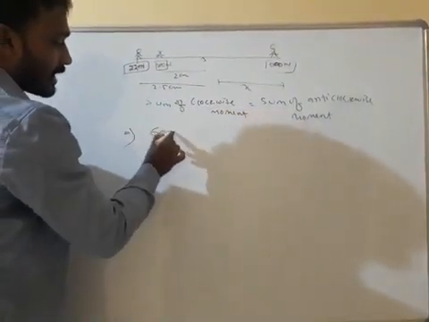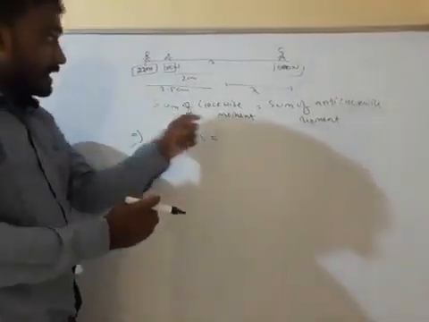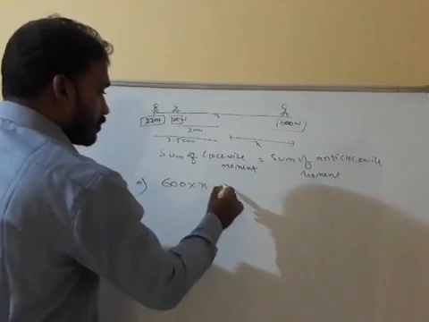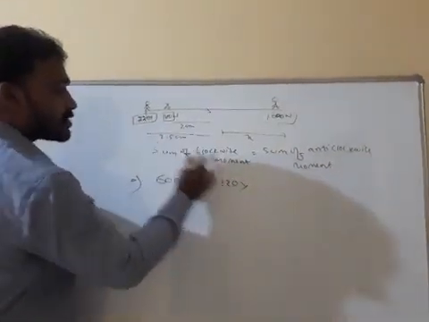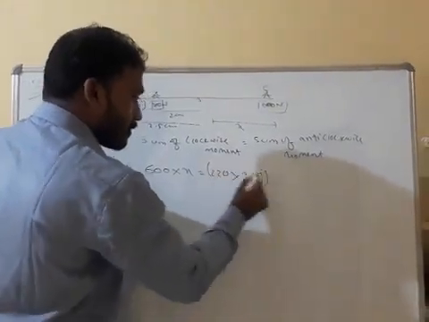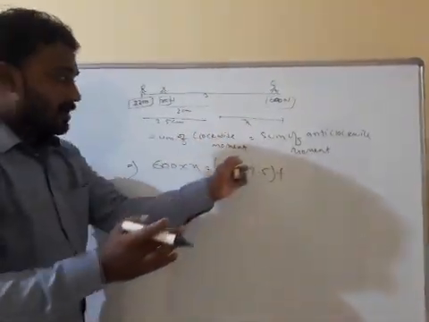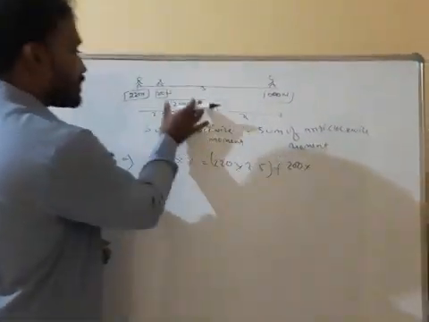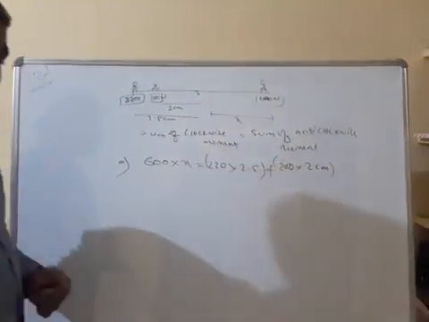So 600 into x is equal to sum of anti-clockwise movement. Anti-clockwise movement is what? 220, force and distance 2.5, plus another person also. The force is 200 into distance 2 centimeter. Understood or not?